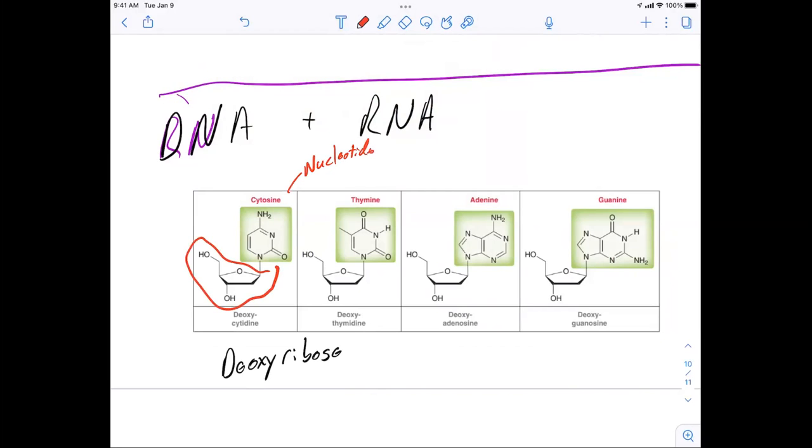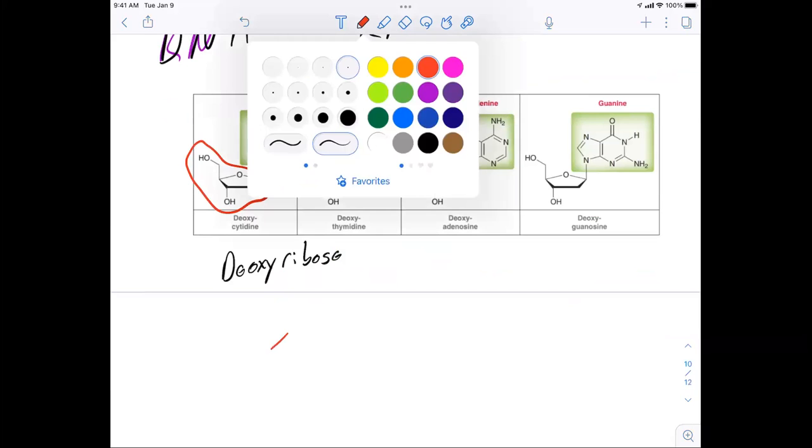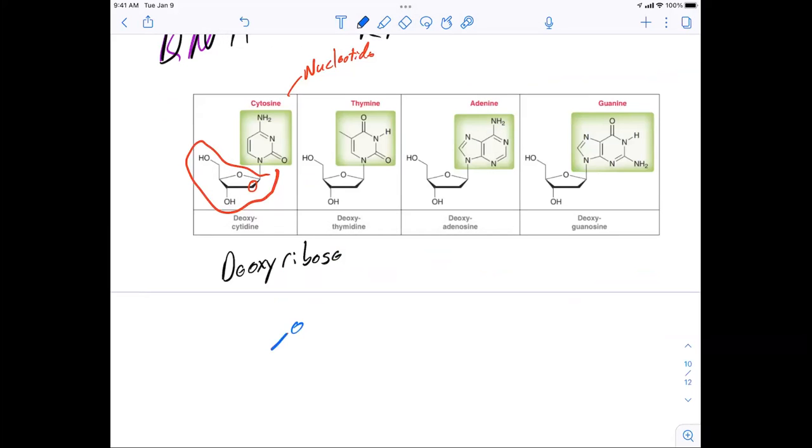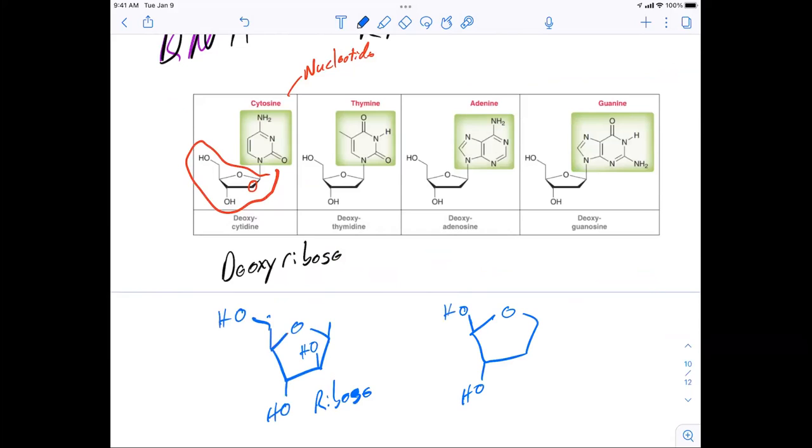And what we're missing is that OH. So if we look at ribose in this form, we have this extra OH. And the deoxy, we lost that OH.